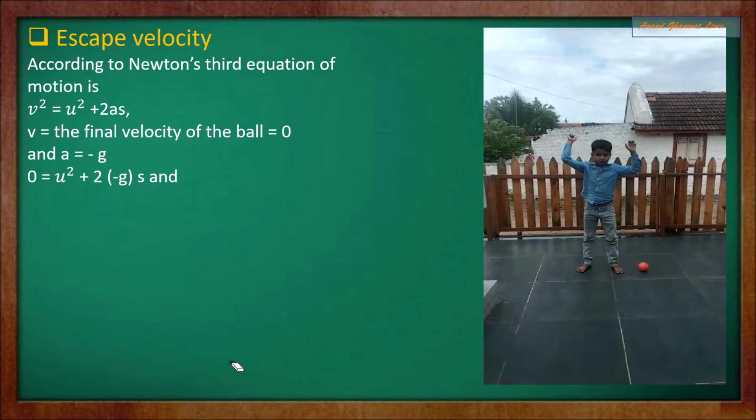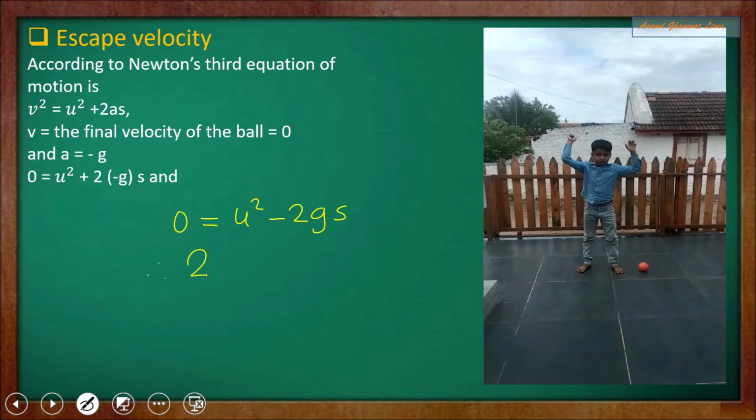Therefore, putting the value of v as 0 and a as negative g, 0 is equal to u square plus 2 into negative g into s. Therefore 0 is equal to u square minus 2gs. Therefore 2gs is equal to u square.